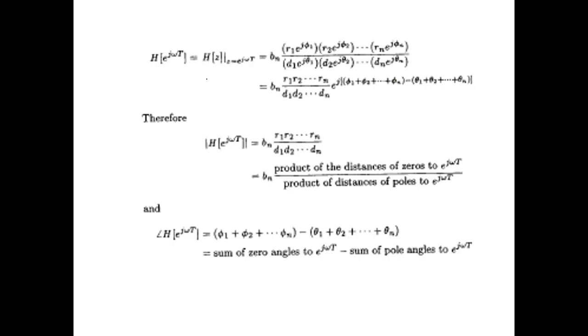Now again, the same way, we get into the polar coordinates. If you look into the modulus, it is the frequency independent component Bn multiplied by the product of the distances of the zeros to the point e to the power j omega t, which is again on the frequency axis, divided by the product of distances of poles to e to the power j omega t.